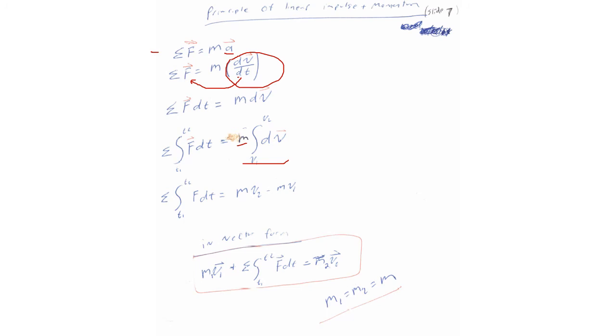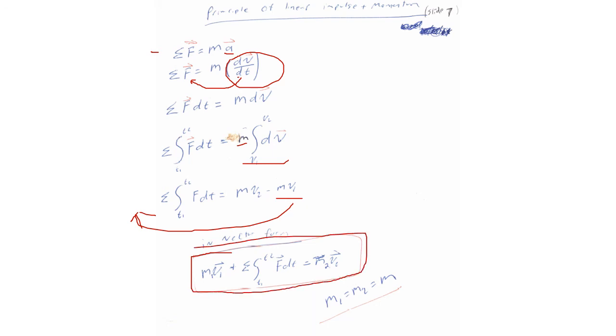Then we can put this in vector form and add mv1 back over to the other side. So we end up with this equation here, mv1 plus the summation of the integral from t1 to t2 of F dt is equal to mv2. Now in this case, our m1 is equal to m2, which is just called m. So this is how we come up with the principle of linear impulse and momentum, starting with Newton's second law.